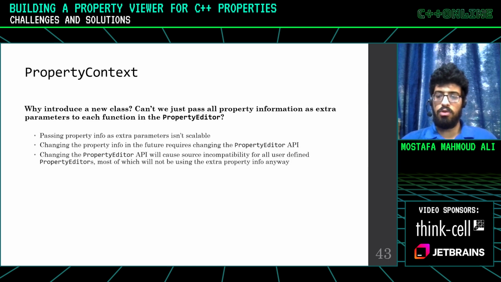What if we decided to change the type of the value parameter from QVariant to std::any, for example, in the future? Now all objects that have an existing implementation for custom property editors will fail to compile, as the signature of the functions that they are overriding wouldn't match the signature of the function in the base class.